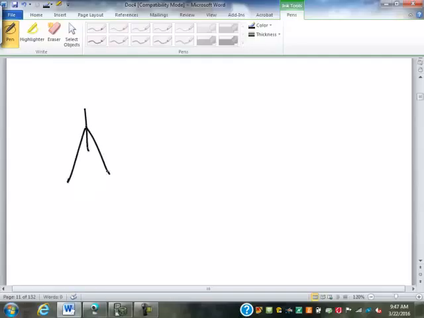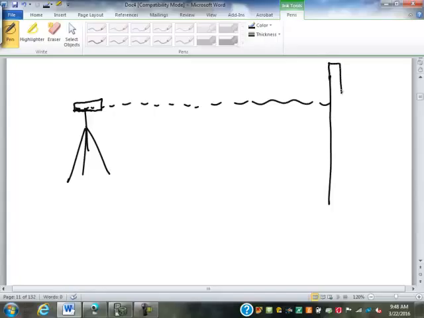A transit sits on a tripod. You got to level it. And once you get it perfectly leveled, it's a scope that you look through. And you have a surveying stick that has height marks on it. You'll get a reading right next to the level, at a reference point. It's a known elevation, or it's just the elevation you do everything off of.